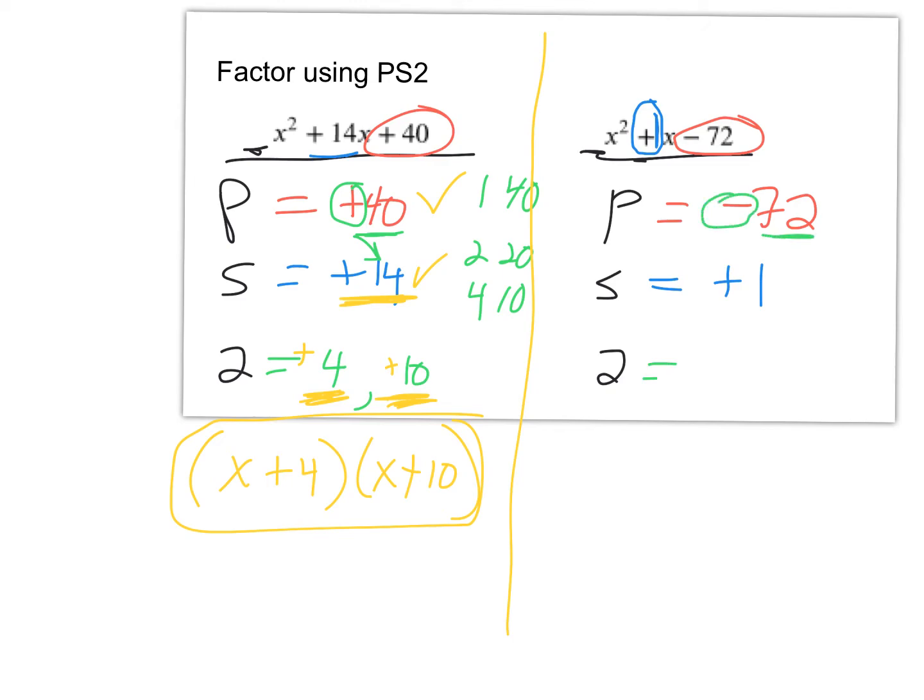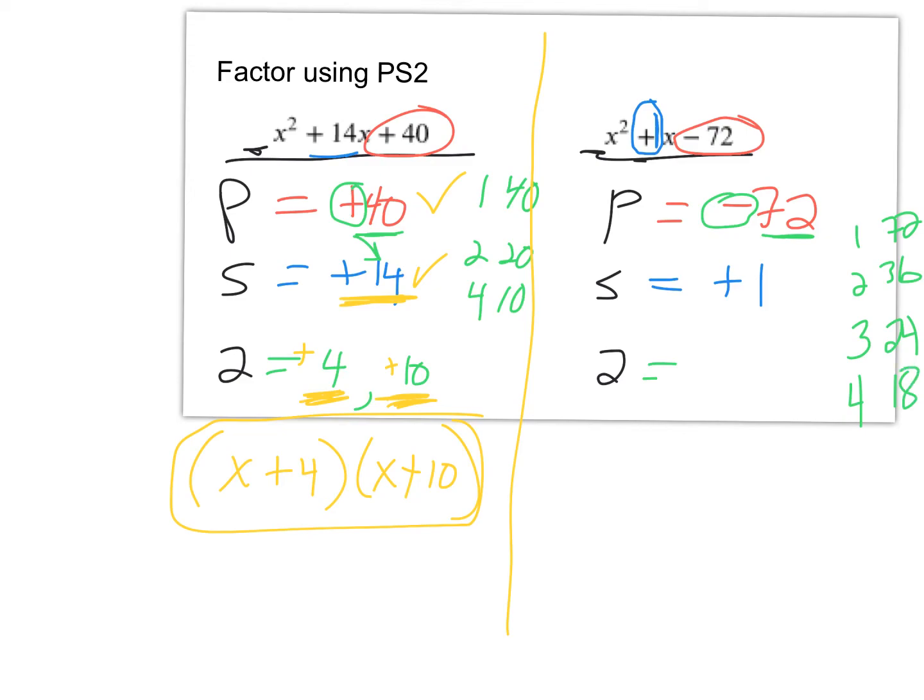If you're not sure, 1 and 72. That doesn't work. Nope. Let's do 2 and 36. Nope. 3 and, let's see, that's going to be 24. That's a no. How about 4? Is it divisible by 4? 4 and 18.